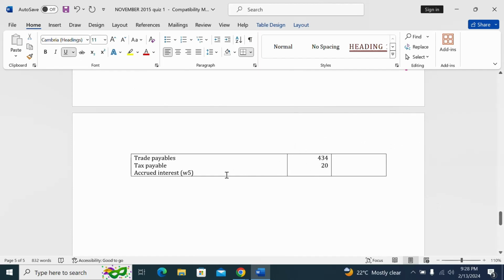And finally, the accrued interest on 4% loan. It is how much?